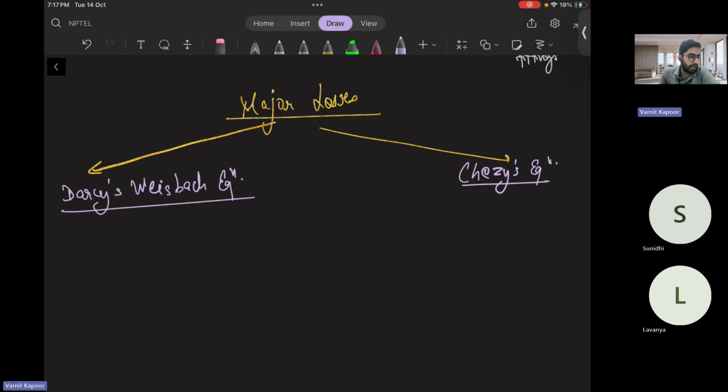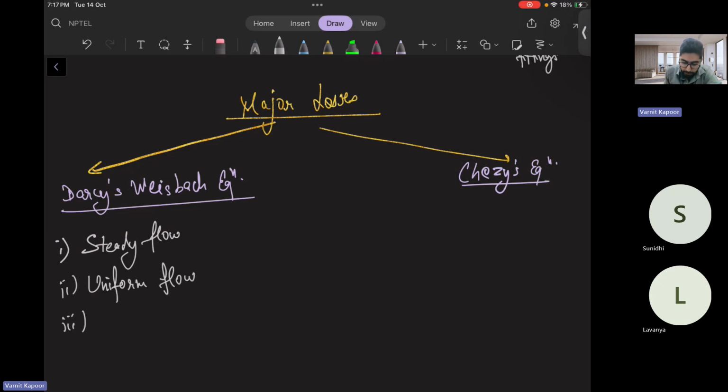The Darcy-Weisbach equation can be used for scenarios like steady flow, uniform flow, or if you are assuming mean velocities.